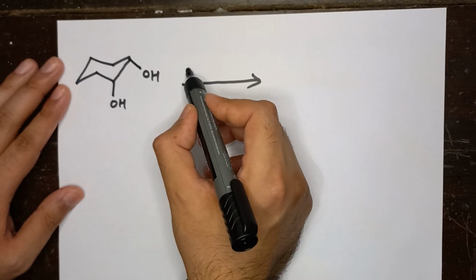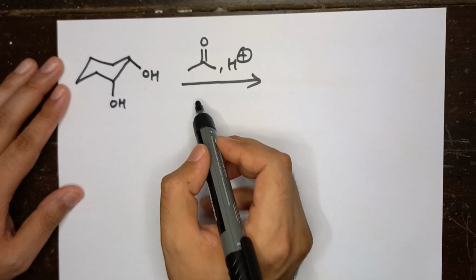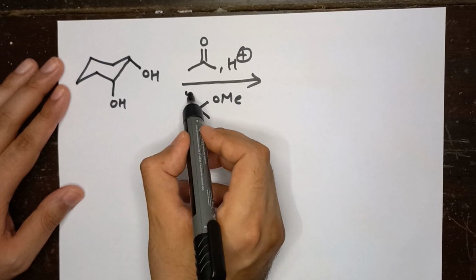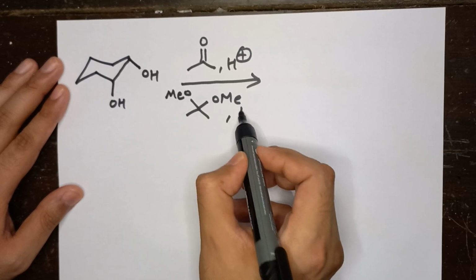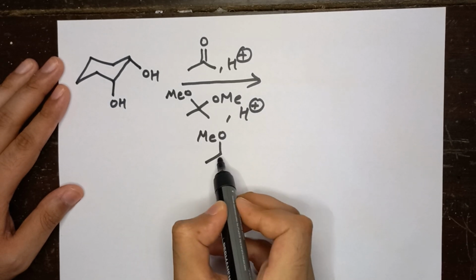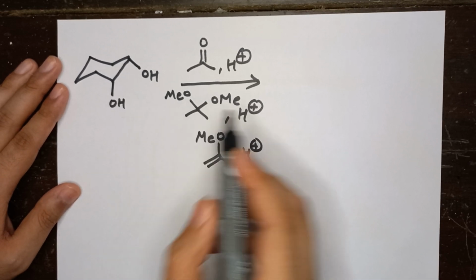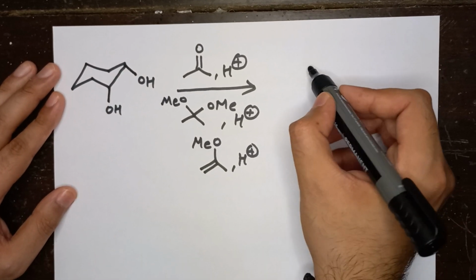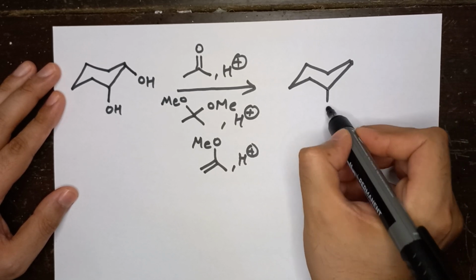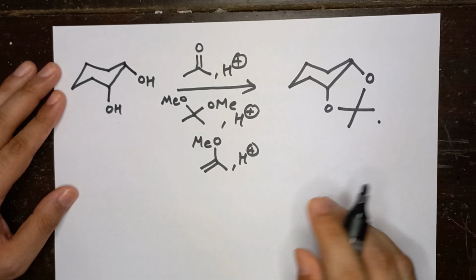The reagent I can use is acetone under acidic media, or I can use this particular reagent with catalytic amount of H+, or I can use the enolic ether to protect these two OH groups. So what is the protected product going to look like? This is my oxygen and this is my oxygen, and they are protected now.